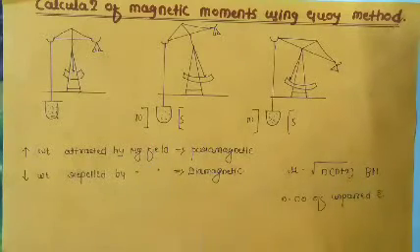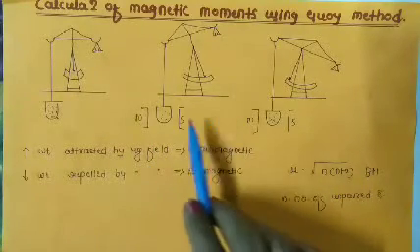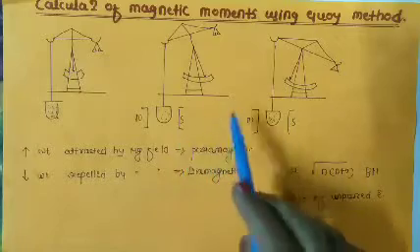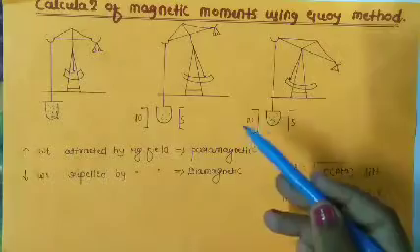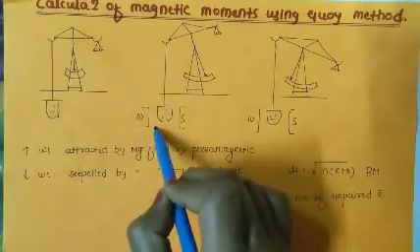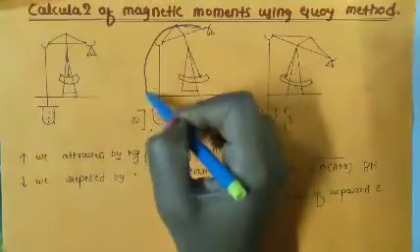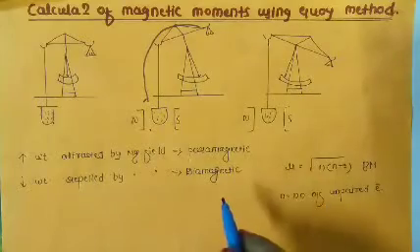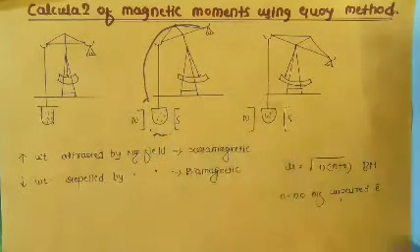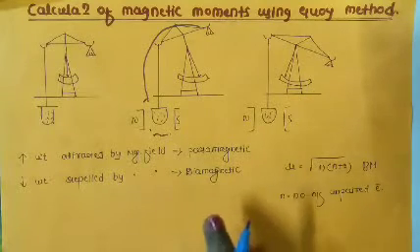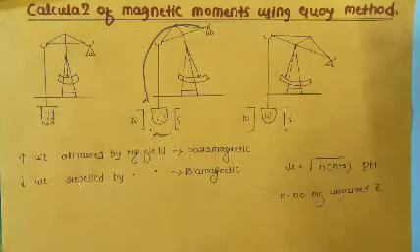If the substance shows an increase in weight, it implies that the substance is attracted by the magnetic field. Then it shows paramagnetic property.